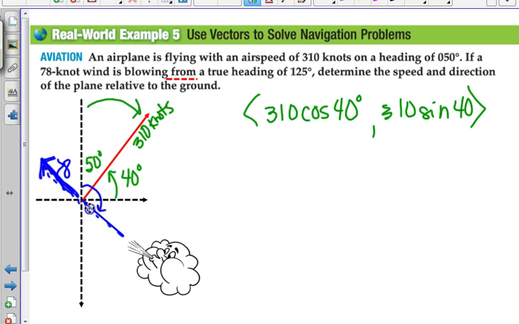Now, if the angle originally, this is where I lose people, are you with me? The original angle off north was 125. So what's this angle in here? Off of north, 125 minus 90 would be 35 degrees, okay? To do components, I need the angle off of east.